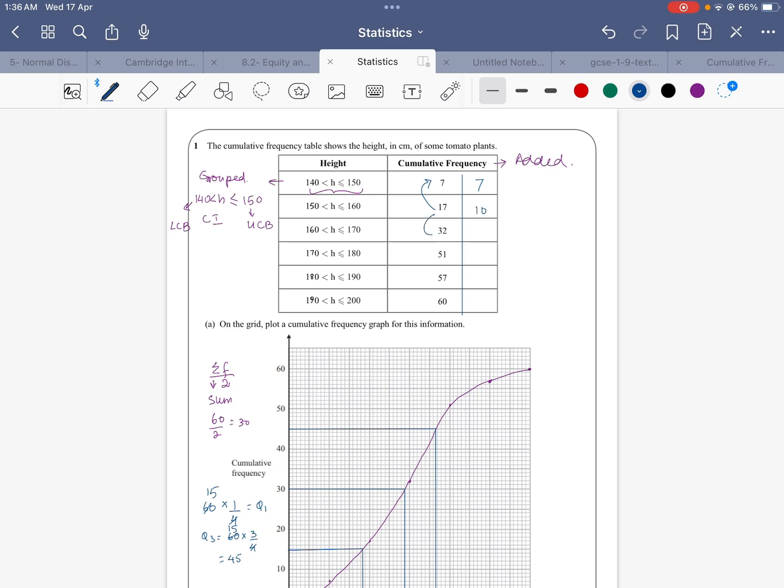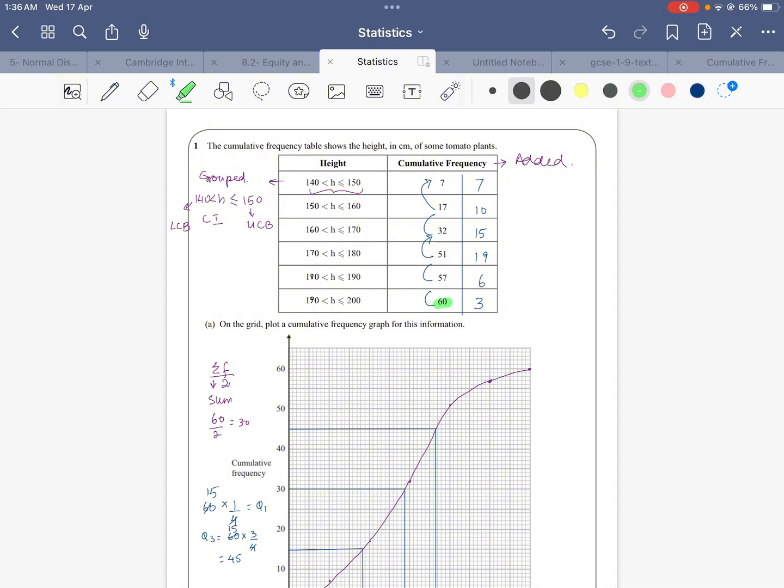Then 32 minus 17 will be 15. 51 minus 32 will be 19. 57 minus 51 will be 6, and this will be 3.